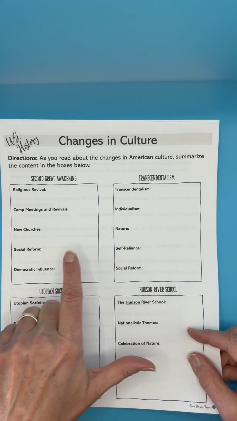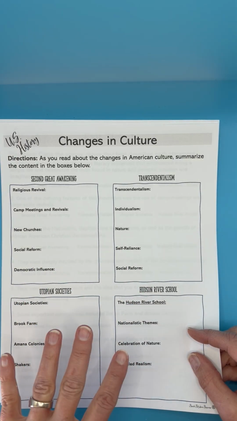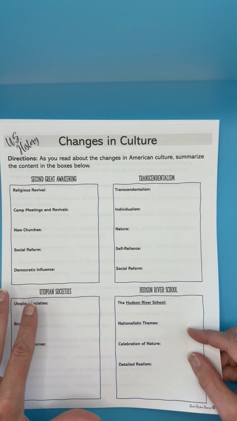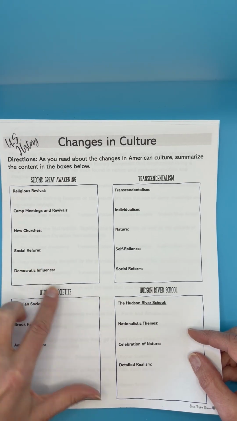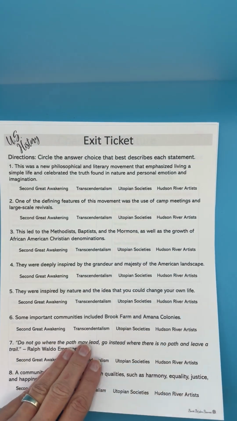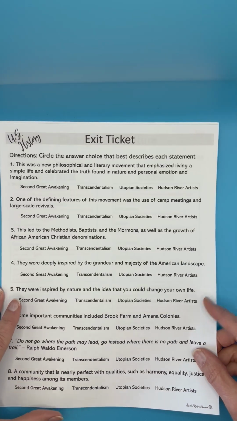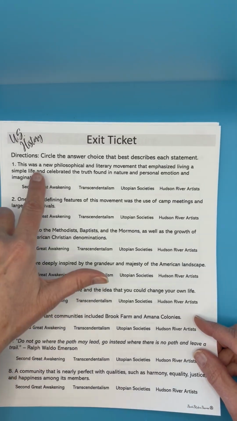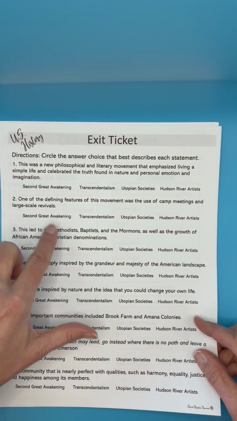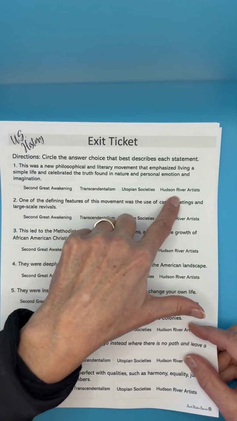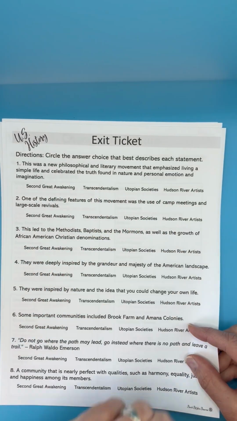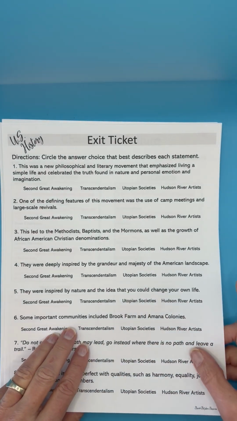You could also circle back to the hashtag summary and maybe have them create hashtags for each one of these. The other part of our end of lesson is an exit ticket, which then reads there's a statement about this lesson, and they have to identify one of these major subparts of the lesson.